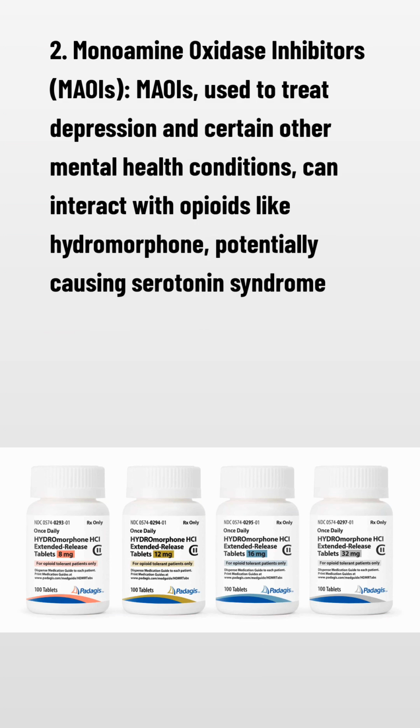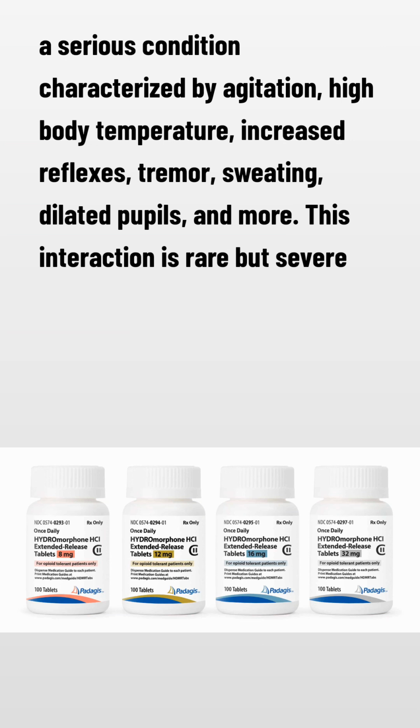Monoamine oxidase inhibitors (MAOIs), used to treat depression and certain other mental health conditions, can interact with opioids like hydromorphone, potentially causing serotonin syndrome, a serious condition characterized by agitation, high body temperature, increased reflexes, tremor, sweating, dilated pupils, and more. This interaction is rare but severe.